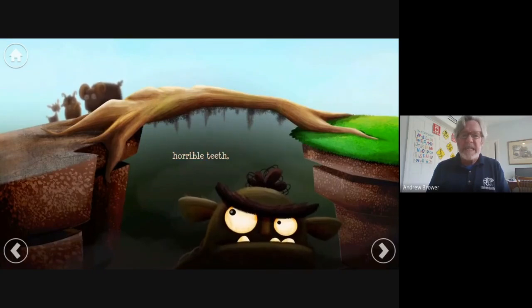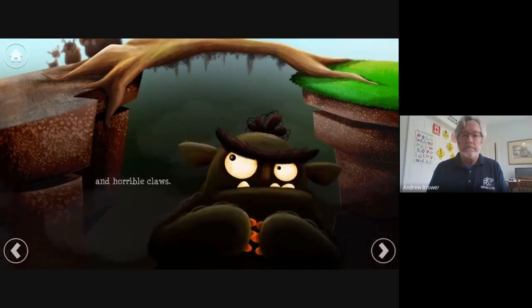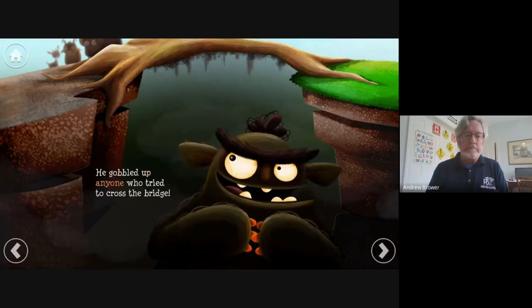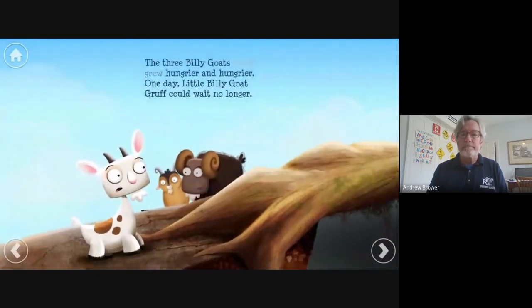Horrible teeth. And horrible claws. He gobbled up anyone who tried to cross the bridge. The three billy goats gruff grew hungrier and hungrier.